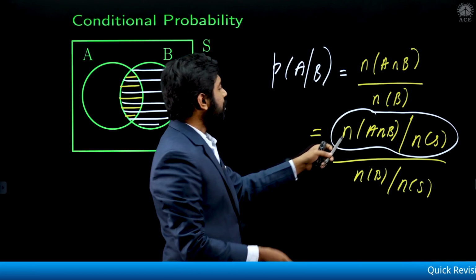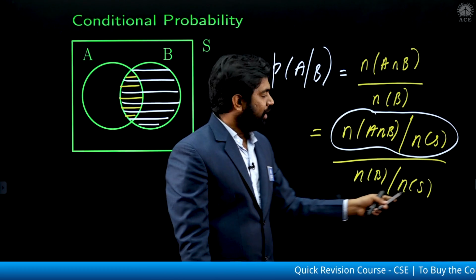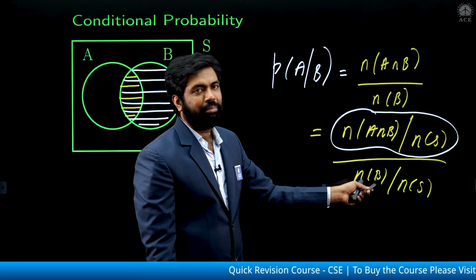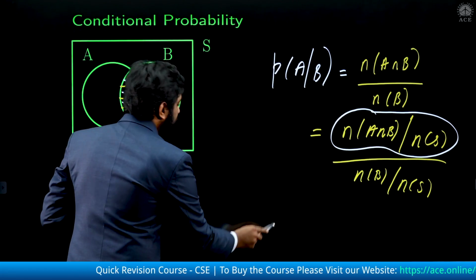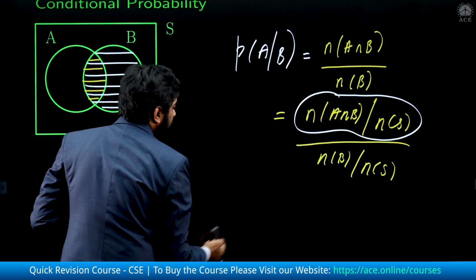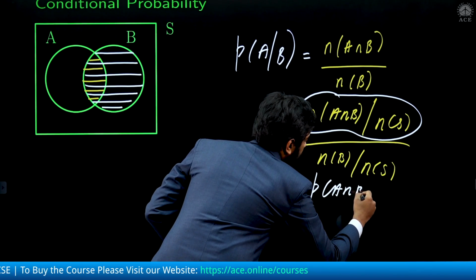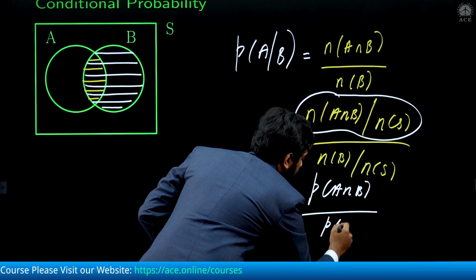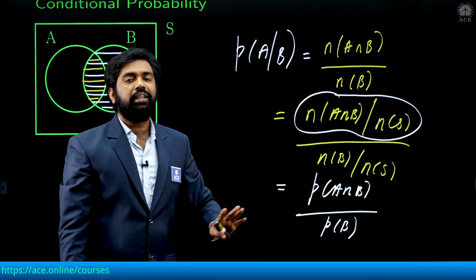This is the number of points in A intersection B by the number of points in the sample space. This one is the number of points in the set B by the number of points in the sample space. So this is simply the probability of A intersection B divided by the probability of B. This is the expression for the conditional probability.